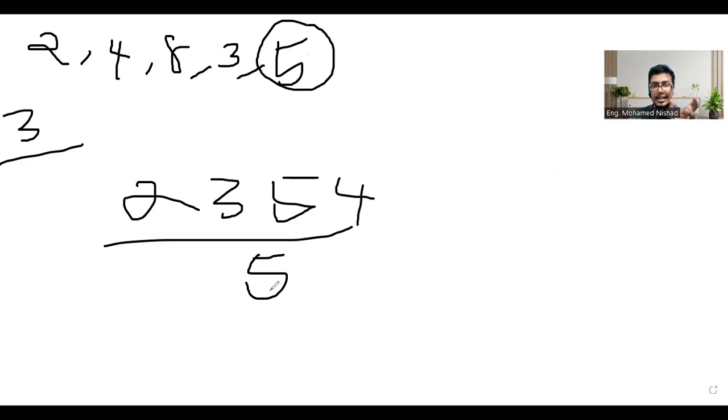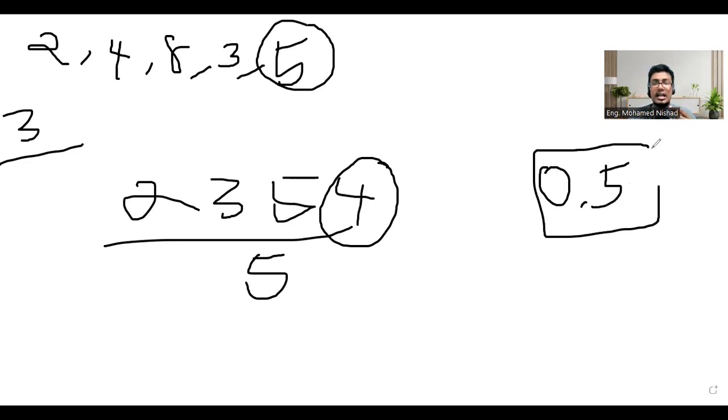If we analyze that, we have to check the last number, maybe 2, 3, 5, whatever, 4. We only have to check this last digit. If the last digit is either 0 or 5, then the entire number will be divisible by 5. Is it clear?